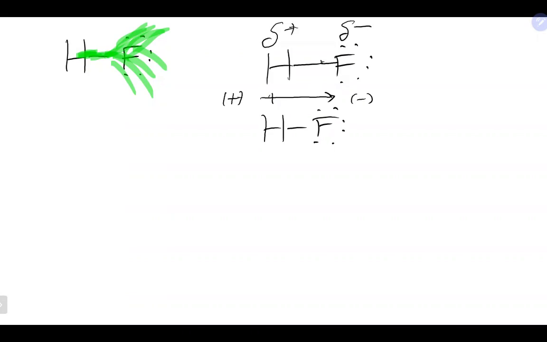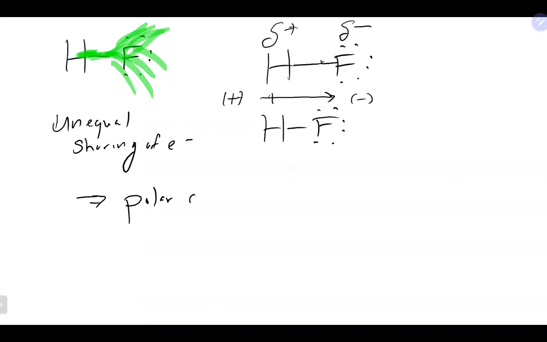So when we get this sort of unequal sharing of electrons, this type of bond is what is referred to as a polar covalent bond, or just a polar bond.